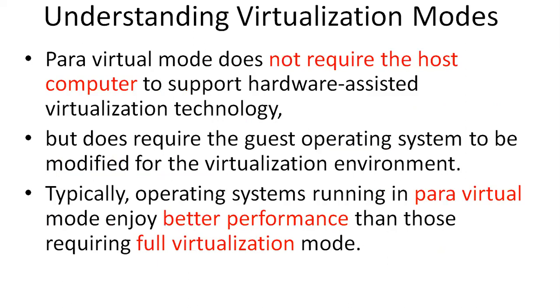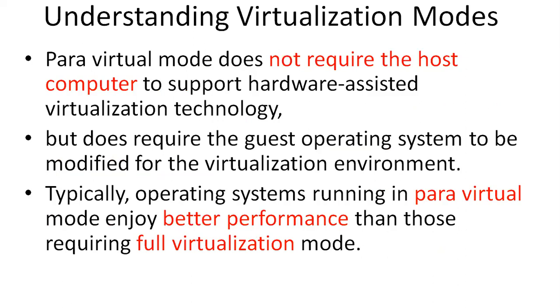Para virtualization mode does not require the host computer to support hardware-assisted virtualization technology, but does require a guest operating system to be modified for the virtualization environment. Typically, an operating system running in para virtualization mode enjoys better performance than those running in full virtualization mode. Why?